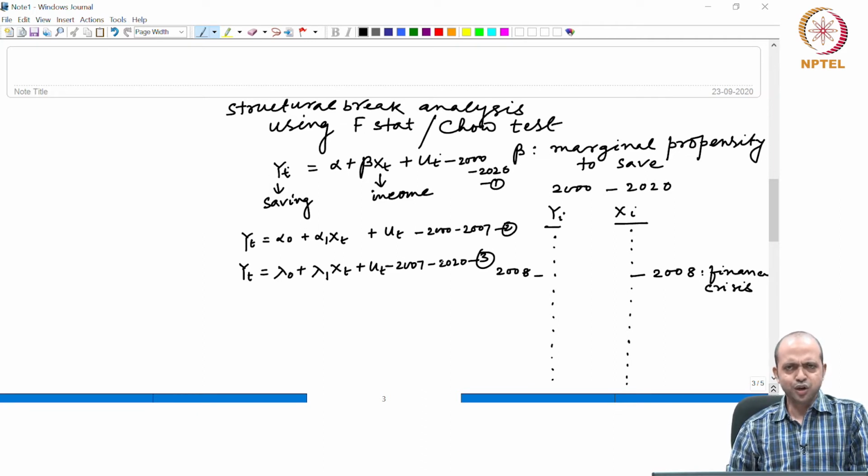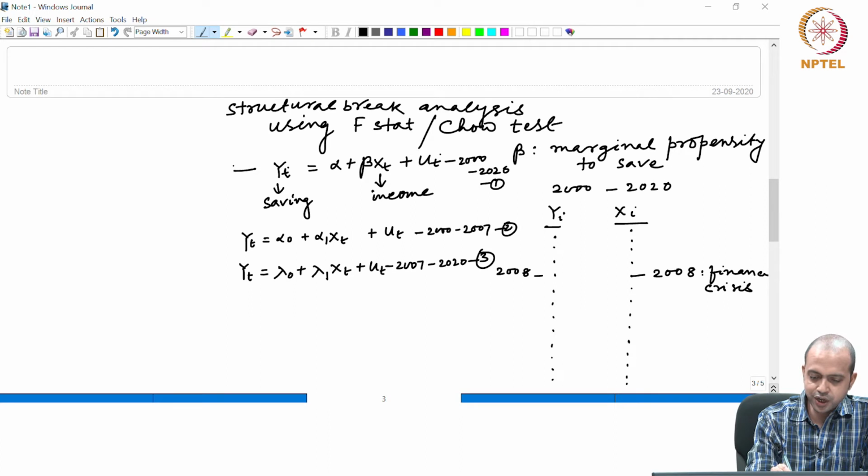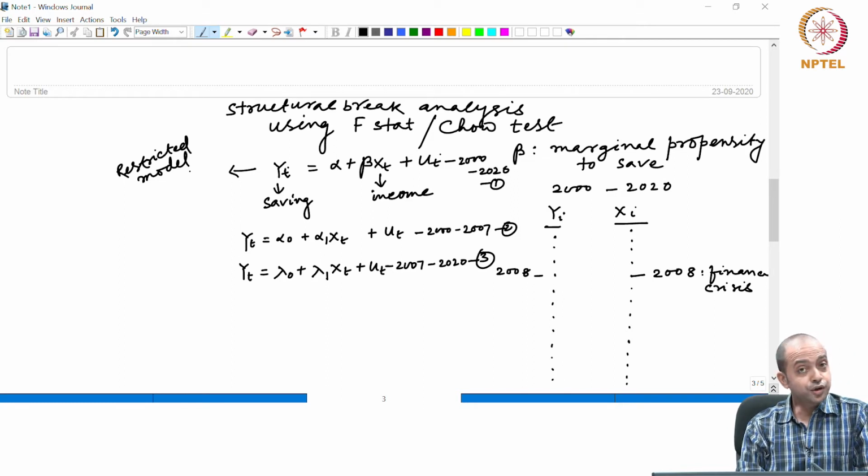If you think logically, you may easily understand that model 1 is the restricted version. Why is this called the restricted version?